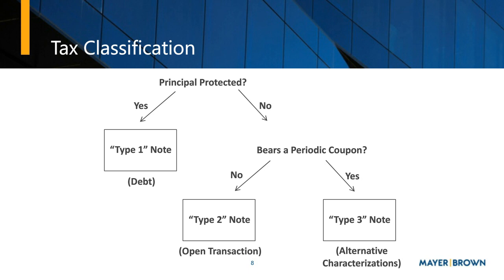And so the point of this framework essentially is to be able to look at any note out there in the market, use these two questions, and figure out whether the note falls in the type 1, type 2, or type 3 category. And then when you know that, you can apply the rules that are relevant for each category.